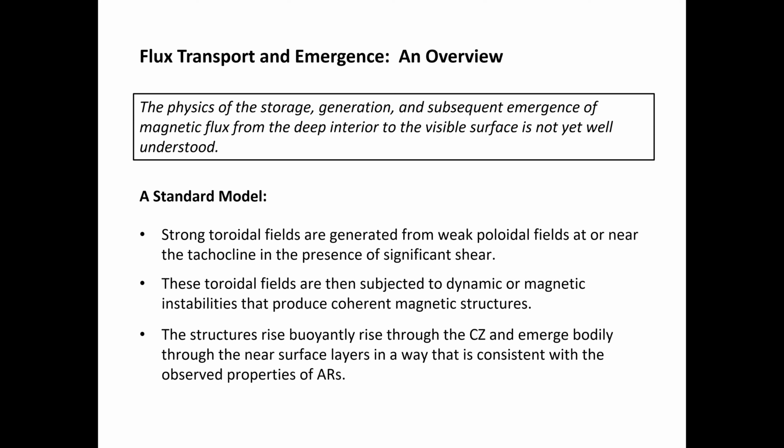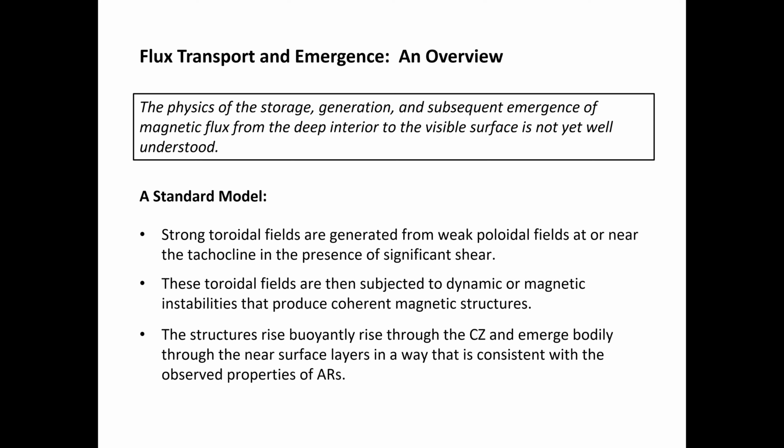These structures are magnetically buoyant and are able to rise through the convection zone and emerge bodily through the near surface layers, consistent with all of these observed properties. This is the flux tube picture, or omega loop picture, which was studied pretty extensively over the past couple of decades.